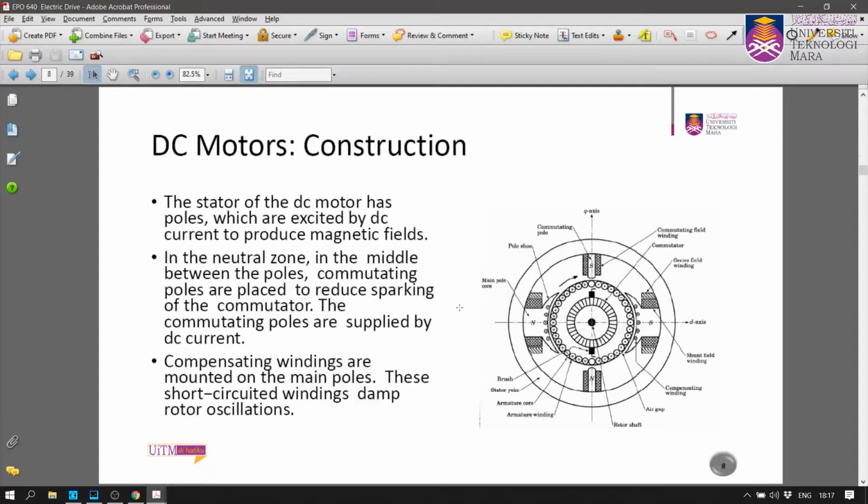So you can zoom and look at the arrangement of the windings around the armature winding, and we have a commutating, compensating winding. Okay, you have learned this in electrical motors in part 4, if I'm not mistaken. Right?